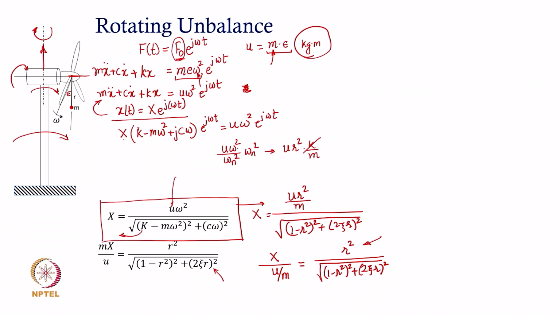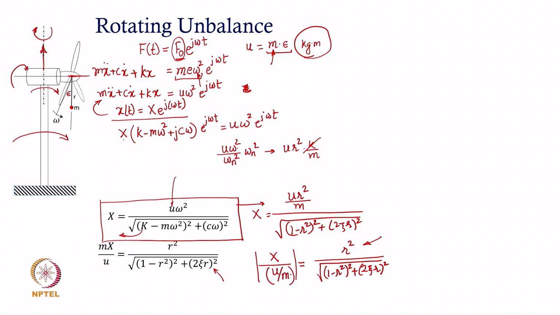Okay. And in the left hand side, this particular term is again a dimensionless response, or I can call this a normalized vibratory response, normalized with respect to u over m.